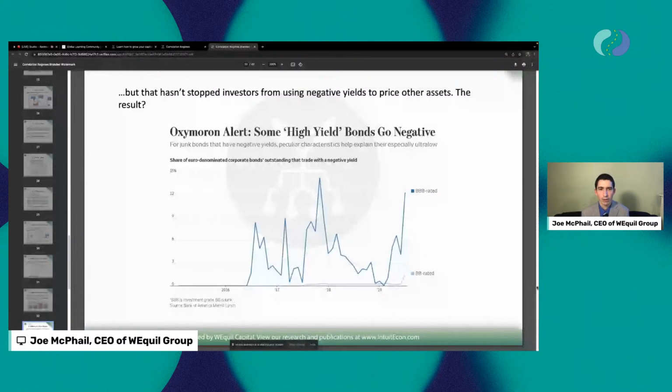There's absolutely no reason why really any corporate should have a negative yield, let alone a high yield. The history of debt goes back over 5,000 years, and in that history, there is no recorded instance of anybody ever lending to anybody else and actually paying that person to lend them your money.